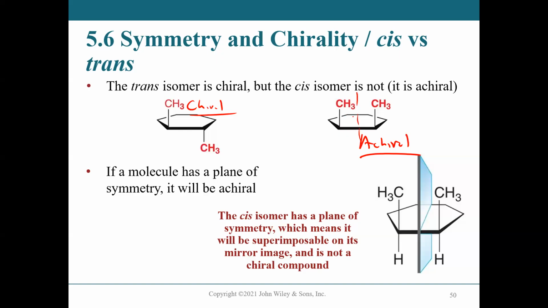It looks the same on both sides. Now, if you divide this right here, I'm going to try my best. We have one up right here, then we have one down right here. That's not the same thing on both sides, but here it's the same thing. We have a CH3 up, we have a CH3 up, therefore it has a mirror image.